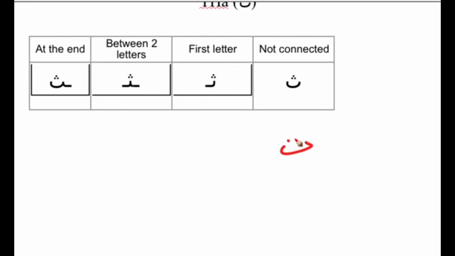This is the letter Tha by itself, 3 dots. This is in the beginning, this is in between, and this is at the end, going back to the original. So we said Thawr. You see, later you will be writing fast, right? Thawr and harth.